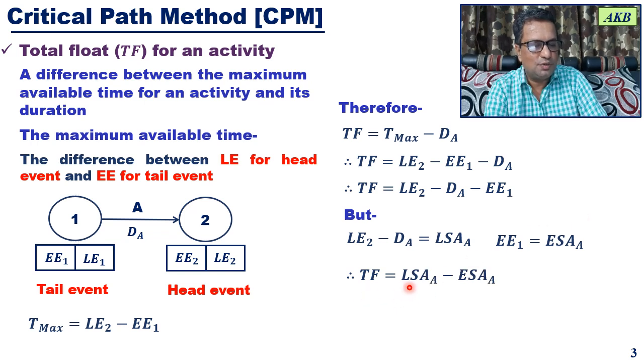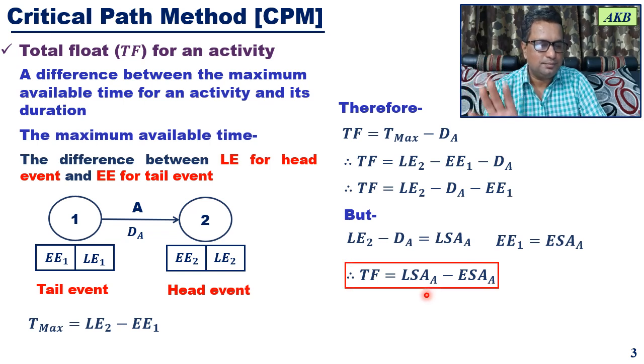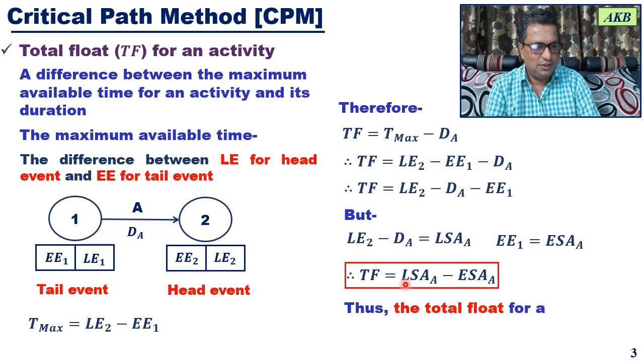If the replacement is done, you have this equation. Total float is equal to latest start time for the activity minus earliest start time for the activity. In this example, we are talking about activity A. So total float for activity A will be the difference between latest start time for activity A and earliest start time for activity A. This is the final equation which you can use for calculating total float for any activity.